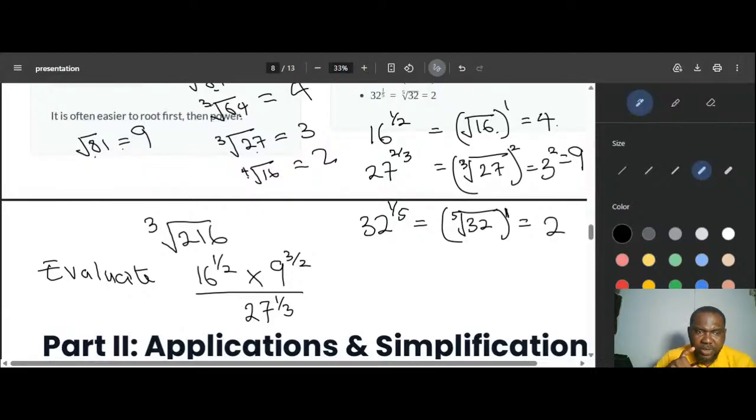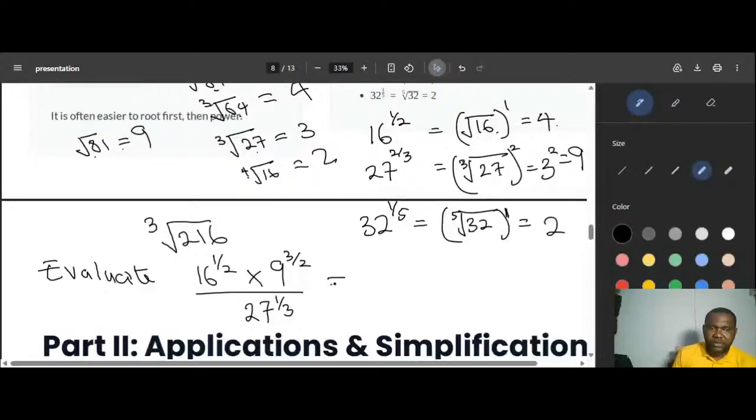So 16 raised to power half times 9 raised to the power of 3 over 2, divided by 27 raised to power 1 over 3. If I want to solve this, this is how I'm going to do it. I will do this, then you will do some for me.